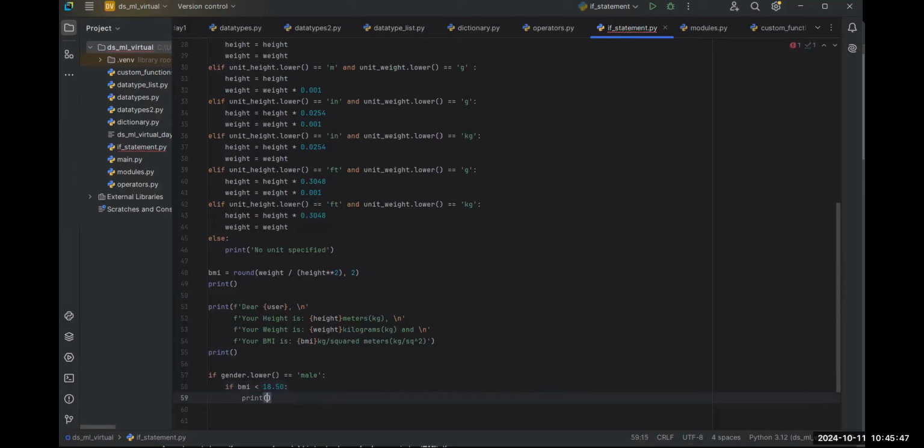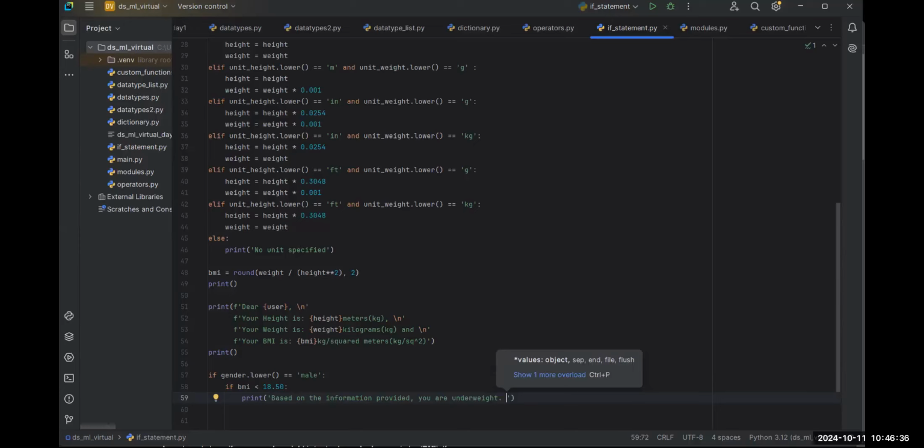Print for us that based on the information provided, okay, comma, you are underweight, full stop, please see a doctor.